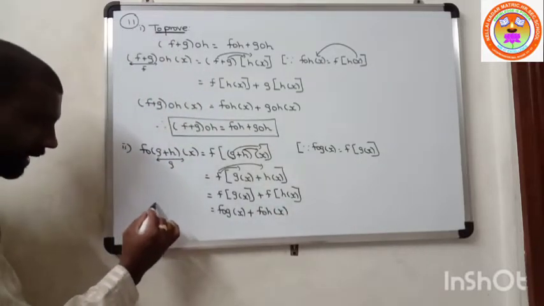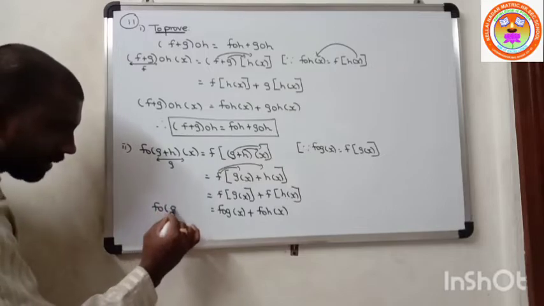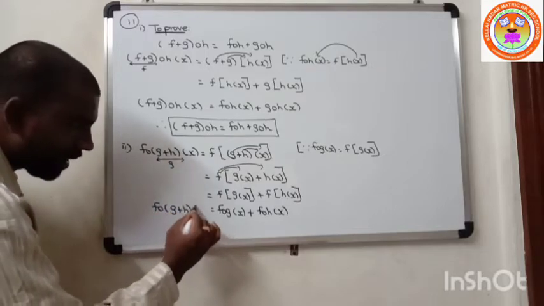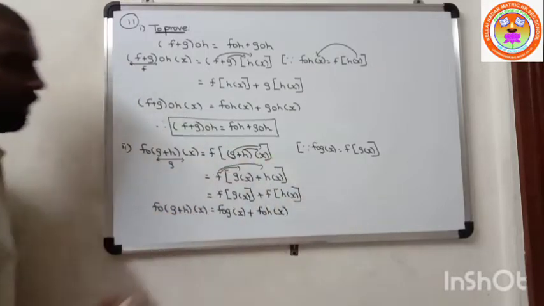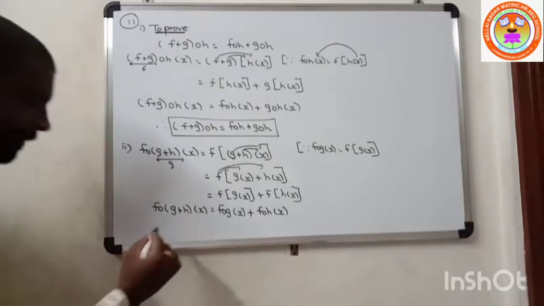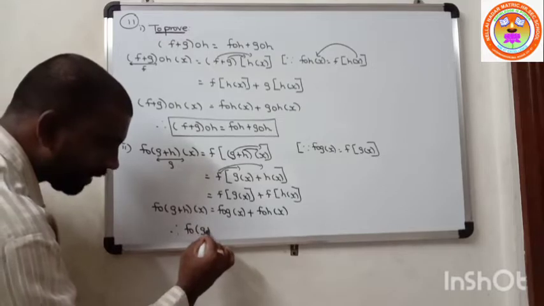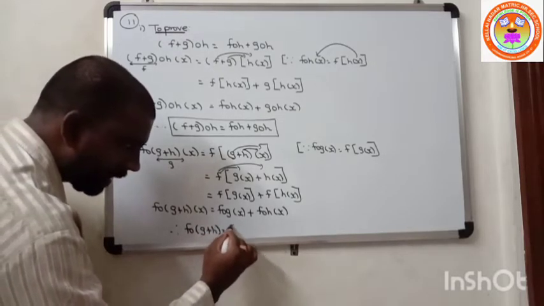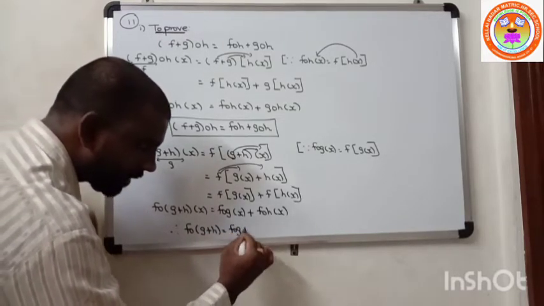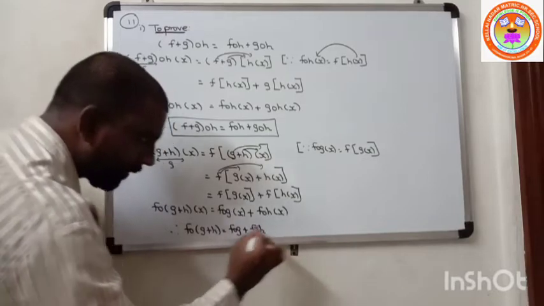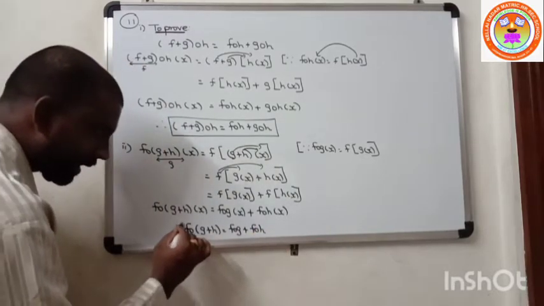Here f composite (g plus h) of x. You remove x. Therefore f composite (g plus h) equal to f composite g plus f composite h.